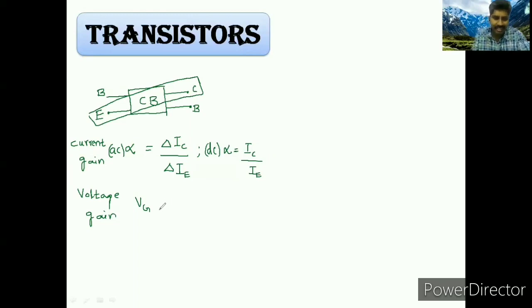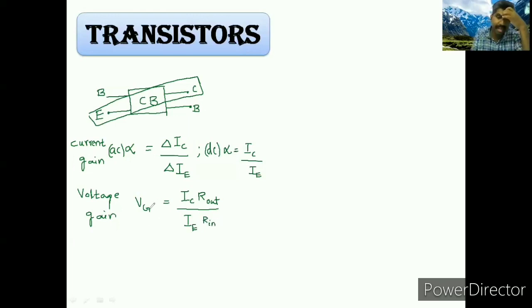Now voltage gain is equal to the same collector current into, this is the output, so output resistance by emitter current, input resistance.